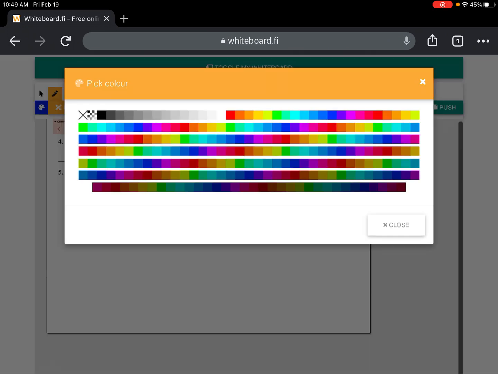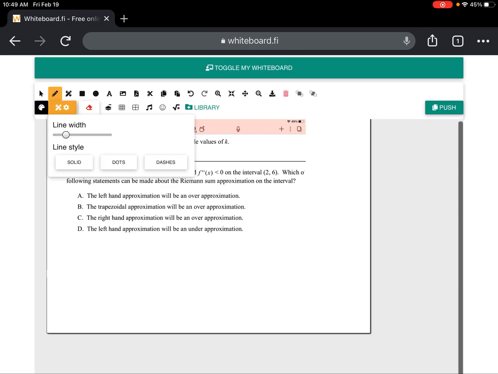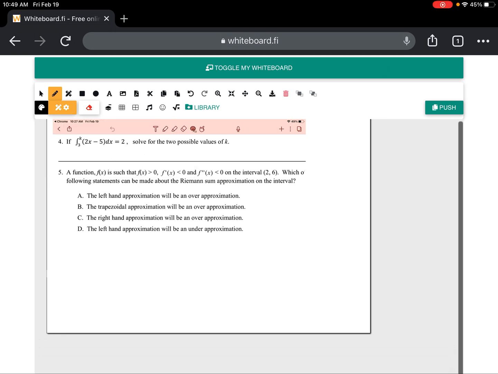We are told 3 pieces of information. We are told that f of x is greater than 0. It is positive. We're told f prime of x is less than 0. And f double prime of x is also less than 0. Okay.